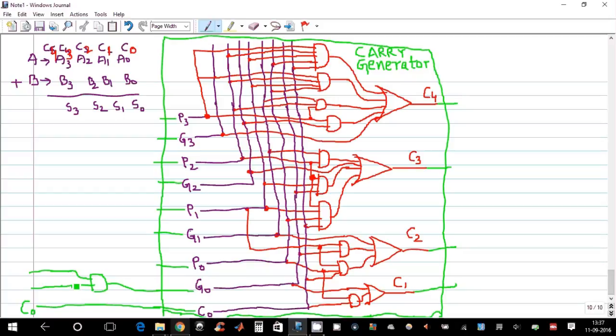So this is basically A0. Actually it is not very clear here. A0 and B0, and the XORing I have given to P0, and similarly the same thing we need to do.